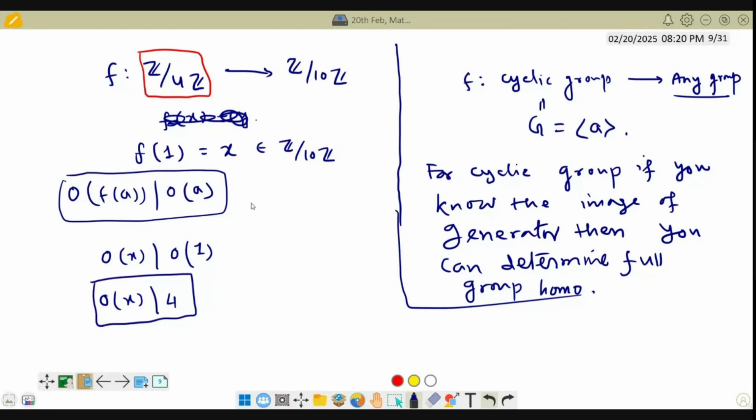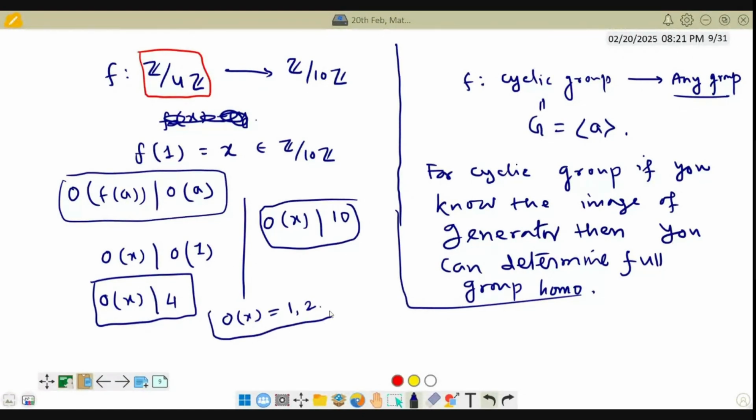This is one relation. Again, x is an element of Z mod 10Z, so the order of x divides 10. So the order of x is a common divisor of 4 and 10. What are the possibilities for the order of x? 1, 2. Now find how many elements there are of order 1 and 2. That will give you the homomorphism.